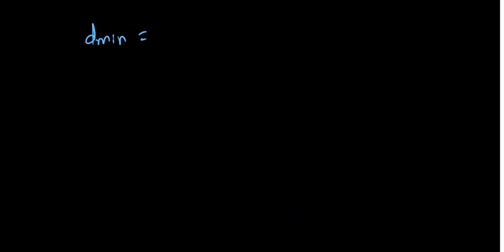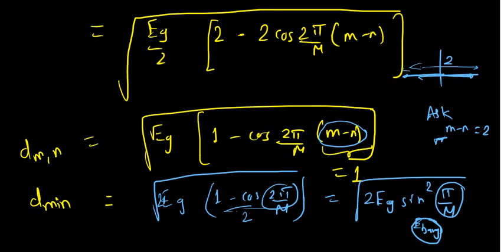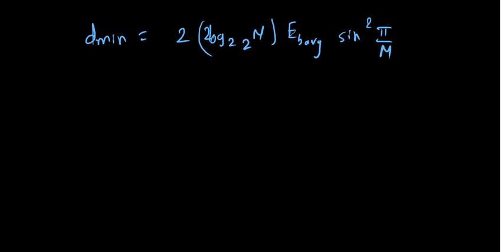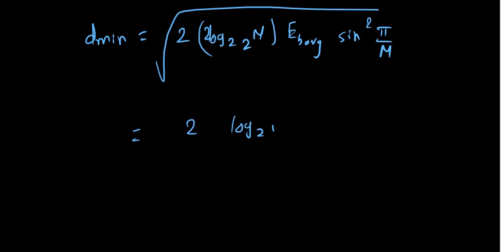So the d minimum is now given as twice, writing Eg in terms of Eb, log 2 to the base 2, 2 is also there, into Eb average, and sine square pi by m, right? You can take 2 outside because we have 4 inside, sine square pi by m into Eb average.